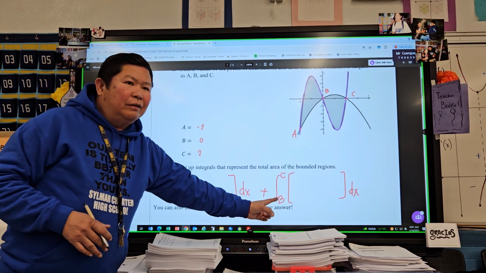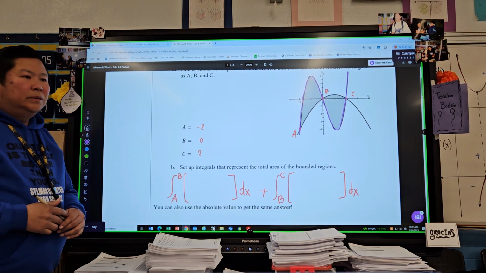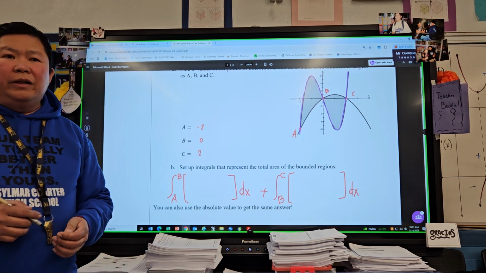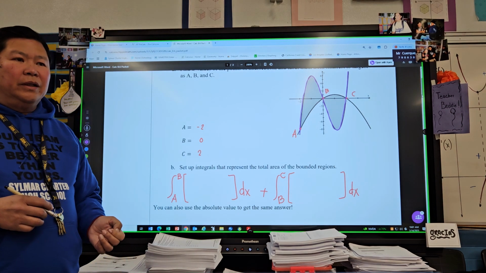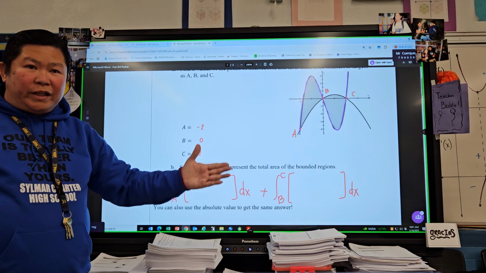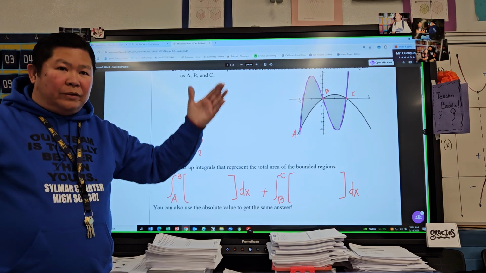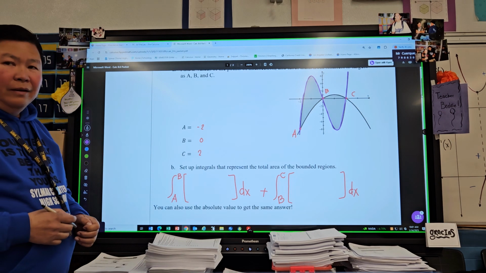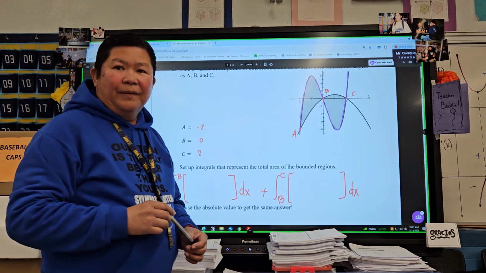The B cancels out right here, right? So therefore, your integral now is the integral from A to C of the absolute value of the two functions. You get me?